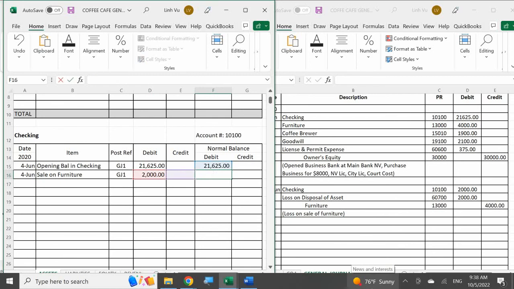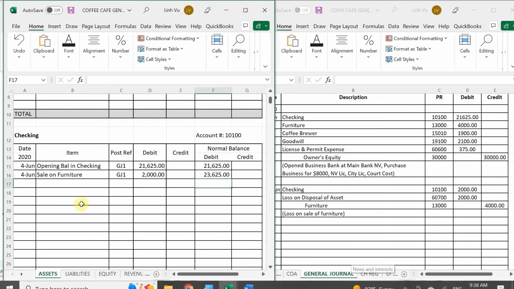Well, I started out with a balance of $21,625, I just deposited and increased my checking account by $2,000, therefore I should have $23,625. That's very basic general information. We know for a fact that I just deposited more money into my checking account, therefore I'm going to increase my account. That's the idea you have to keep in mind here.